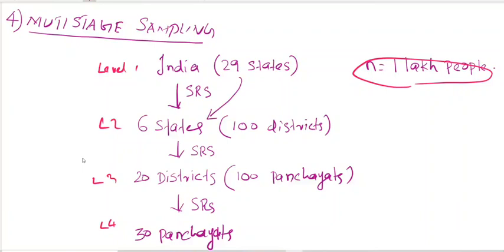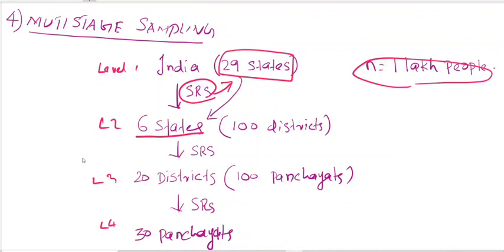So what we do is, first we select the states. India has 29 states, and we do simple random sampling within the states. For example, we take 6 states. Okay, so it could be Kerala, Punjab, Haryana, Madhya Pradesh, Karnataka.